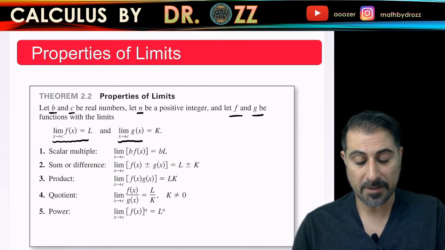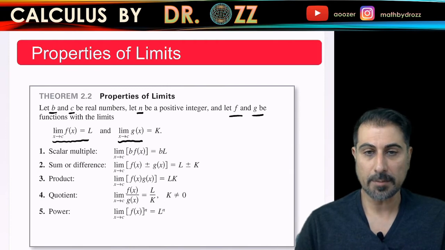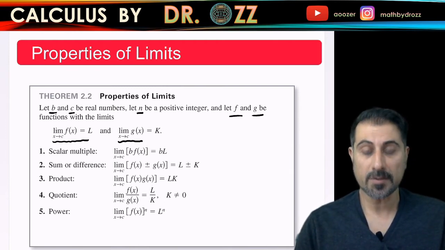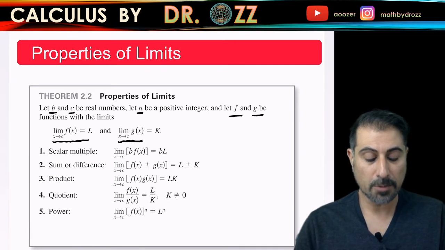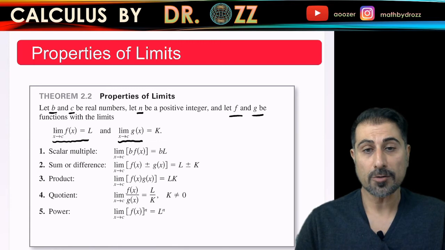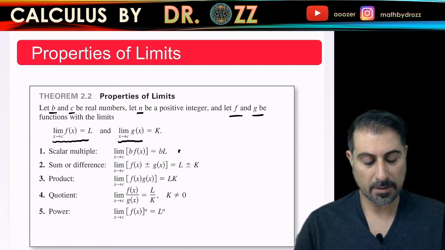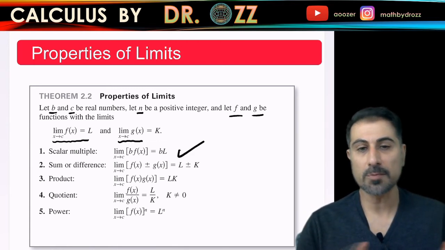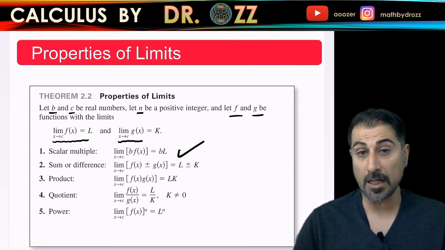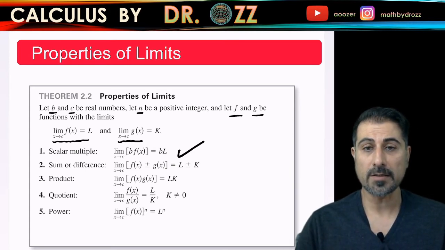Let's say f has the limit L and g has the limit K. Let's look at what these properties are telling us. The first property says that the limit of a scalar multiple of f is that scalar times the limit value of f as x approaches c. In other words, you can always pull b out and look at the limit of f, which is L.